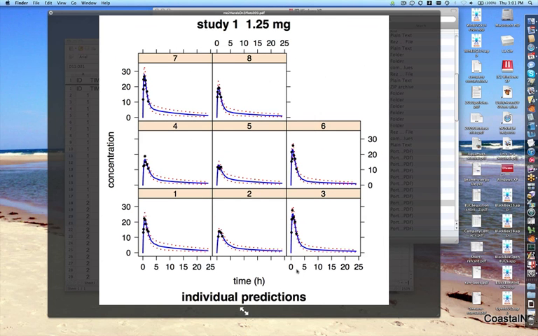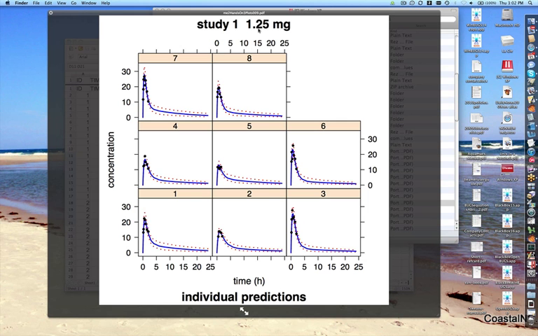I guess it didn't do the Gelman-Rubin-Brooks plot, so we don't get to see those. But here are our individual predictions for some of the patients in the phase 1 study.